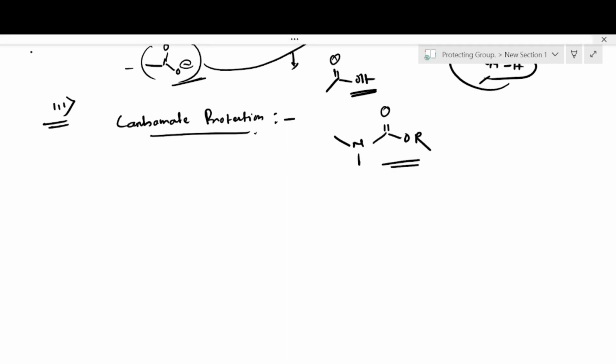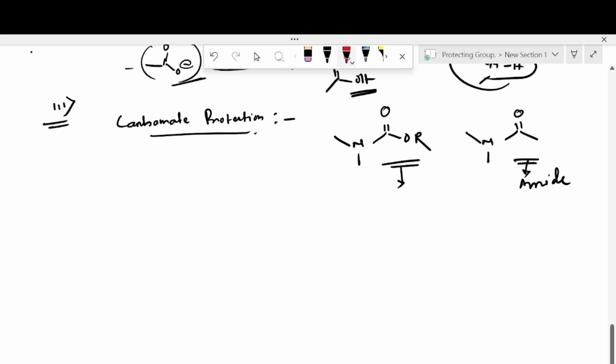So this is called a carbamate and this structure is an amide. What is the difference between carbamate and amide? The difference is only that here it contains an ester group and here it contains only a ketone group.